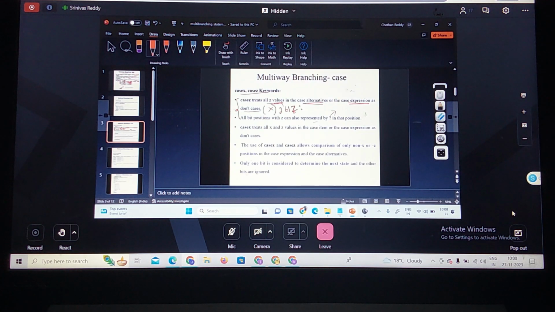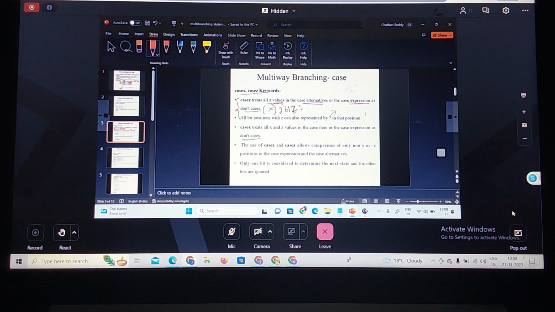So what does case X mean? It treats all the X and Z values in the case items or the case expressions as don't care. If you represent X or Z in your alternatives or in your case expression, those X and Z will always be treated as X, don't care.